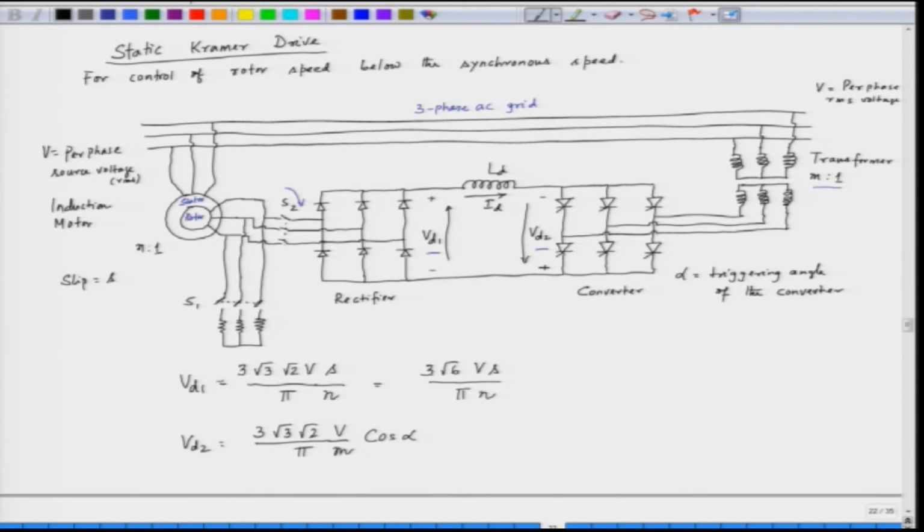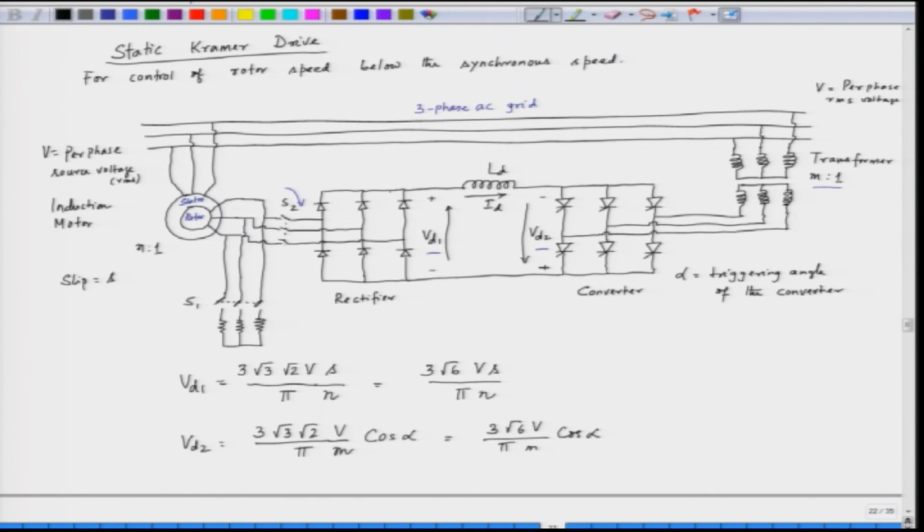So, VD1 is 3 root 6 V s by pi n, and VD2 is 3 into root 6 V by pi m into cos alpha.